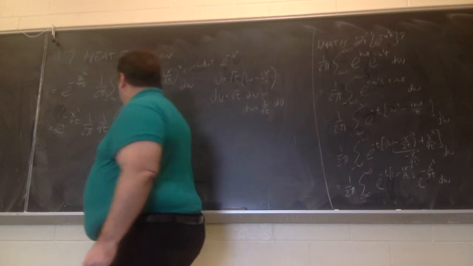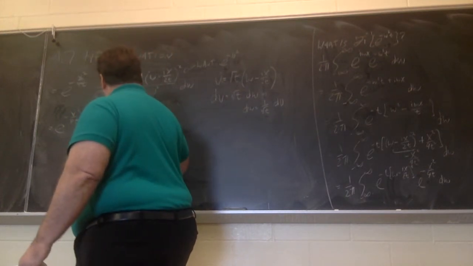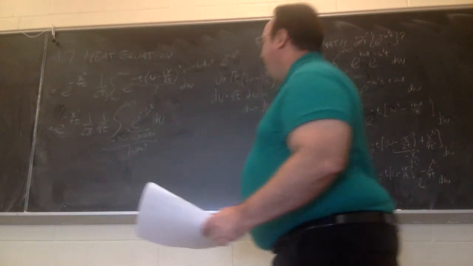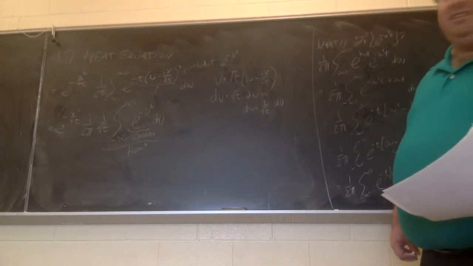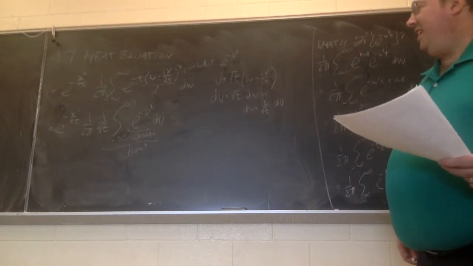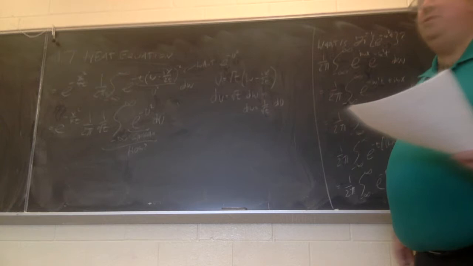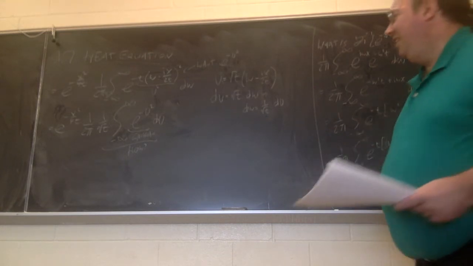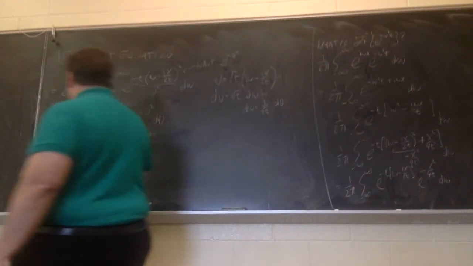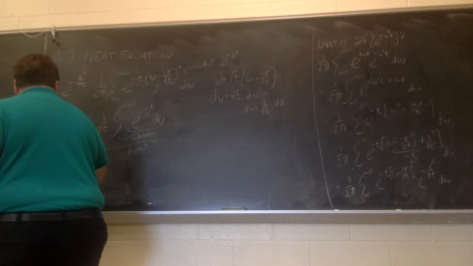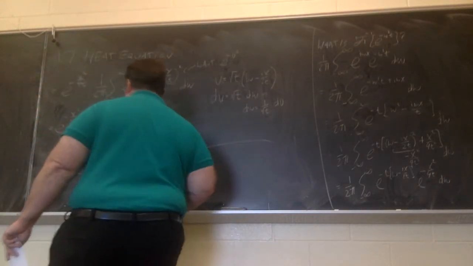So how do you do this? It turns out that it actually helps to try to do two of them all at once. So this is just separated from all this.